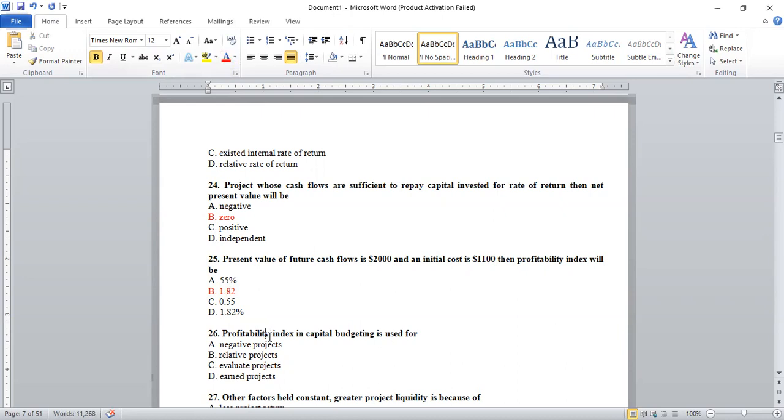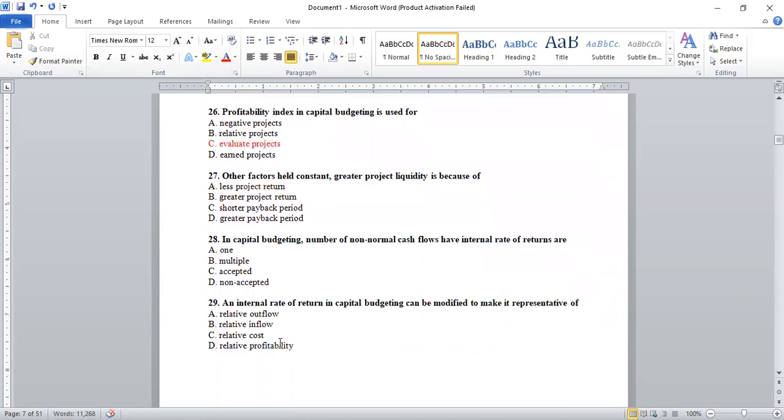Next question. Profitability index in capital budgeting is used for evaluating a project. Other factors held constant, greater project liquidity is because of a shorter payback period. Number 28.